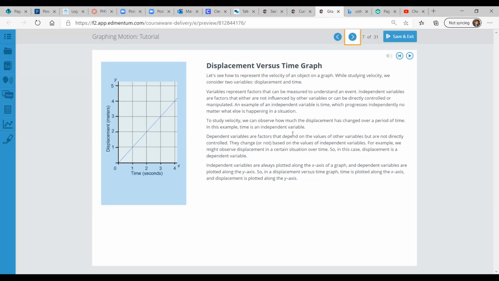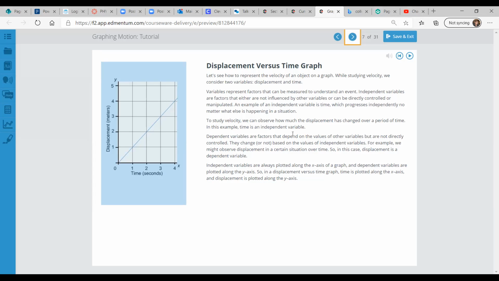Dependent variables are factors that depend on the values of other variables, but you can't directly control the dependent variables. Dependent variables change, or they don't change, based on the values of independent variables. So we might observe displacement in a certain situation over time.